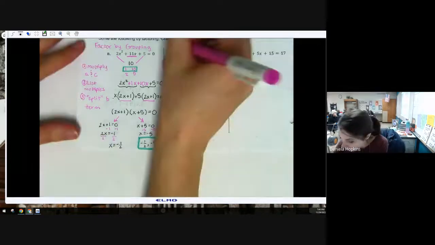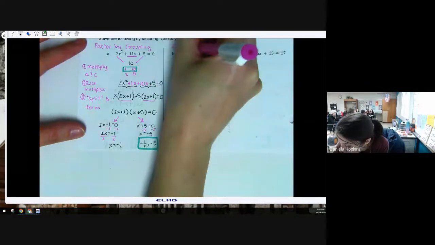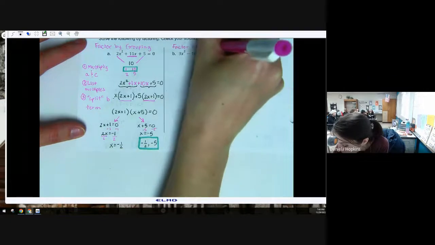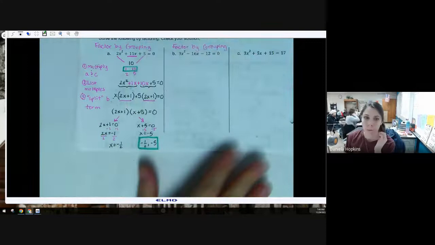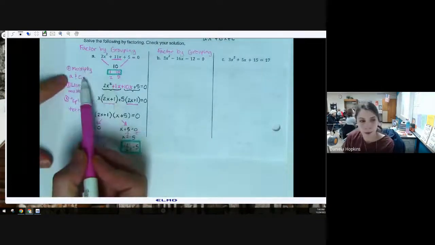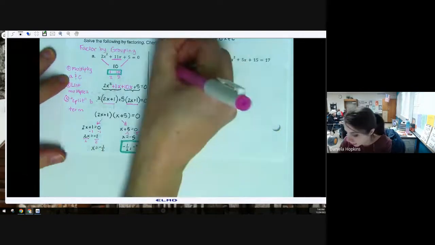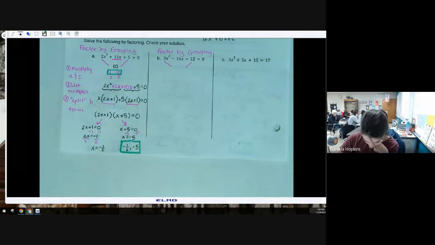So part B, I'm going to again do by factor by grouping. So my first step, I won't write it again, but it's going to be to multiply that A and C. So I multiply 3 times -12 is what? -36.